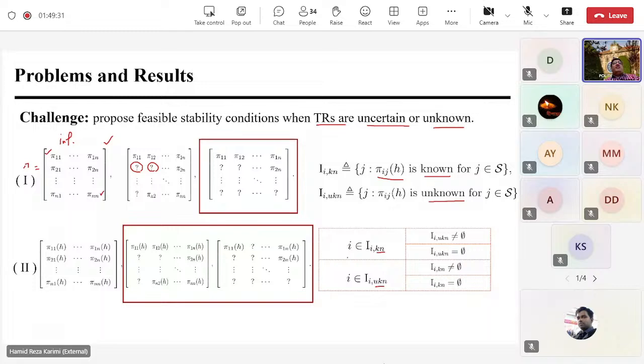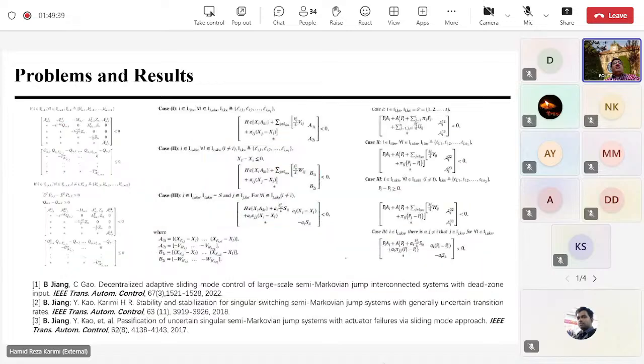Okay, but I want to tell you something about sliding mode SMC for this, and that's it. I'm going a bit faster. But if you are interested in this particular case, you can look at these publications, because we have done some research about stability for these different cases of the Markov jump.